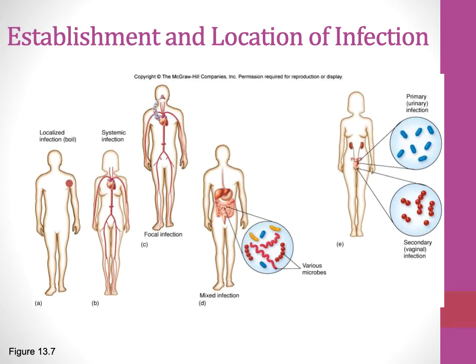Some infections that we previously thought were because of a single organism, like acne, with P. acnes, this poor bacteria got its name because it was isolated from some acne way back when. But the reality is that it's actually a mixed infection.